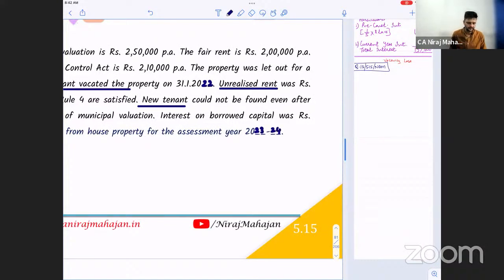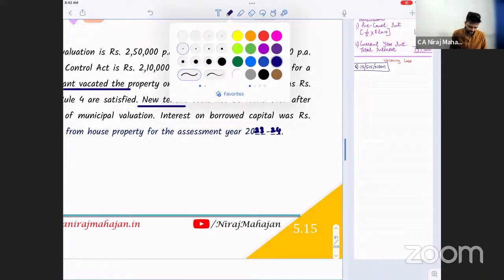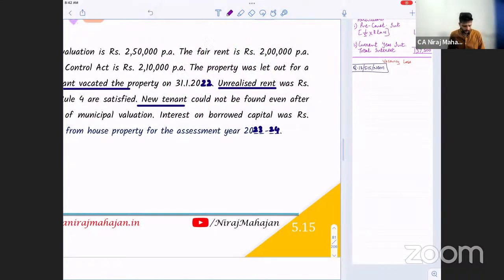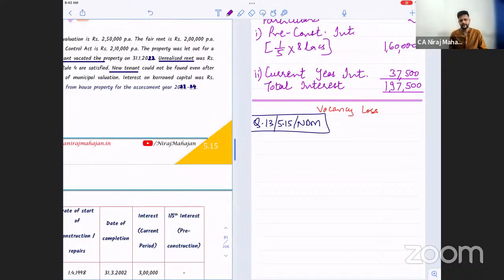Finally, let's go ahead, all of you. So right now, what do you want? Computation of income from house property. Ready, everybody?